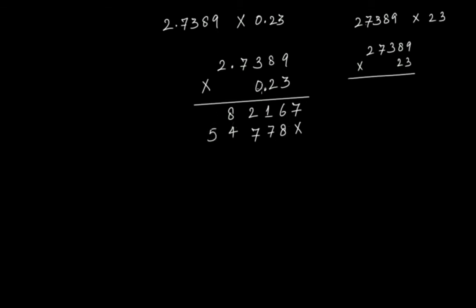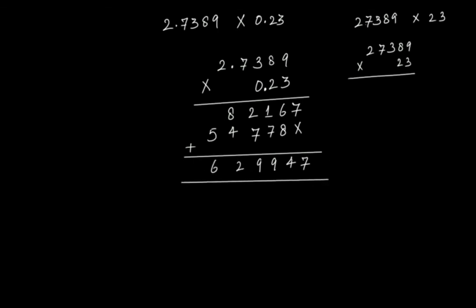Then since it is 0, you can leave it because that's of no use, or everything will come 0 only. So then you have to add it. 7, 14, 9, again 9, 12 and 6.